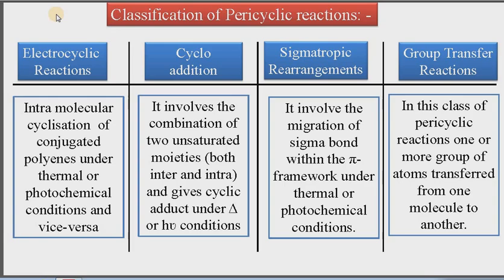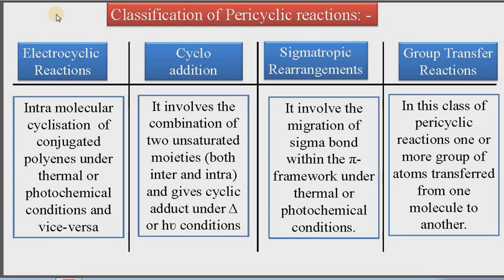Cyclo means one cyclic product is formed after the addition of two unsaturated moieties, right? That's why its name is cycloaddition. This reaction also takes place under two conditions, that is thermal and photochemical. So this is the second class.